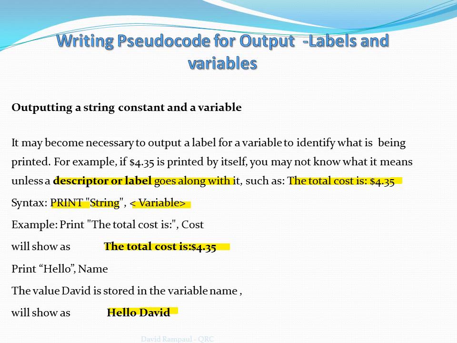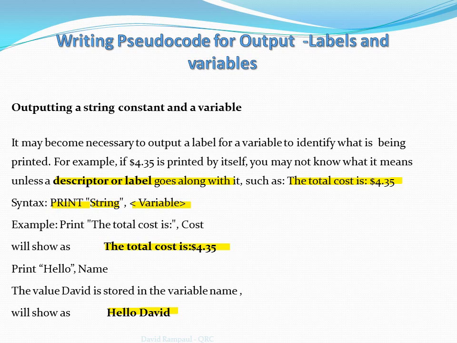So therefore, the syntax now is to use again the word print, followed by the string constant, and then the variable name. So if ever they ask, display the cost together with an appropriate label, they really mean print "the total cost is" followed by the variable, which is cost. So example, print "the total cost is" in double quotes, comma, and the variable name cost.